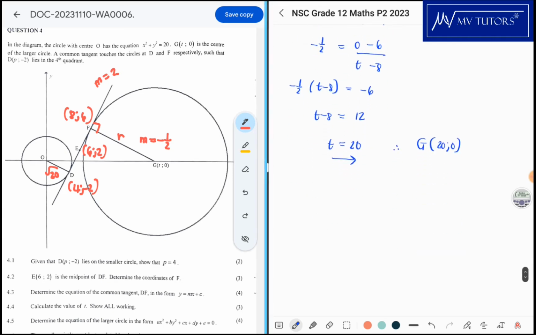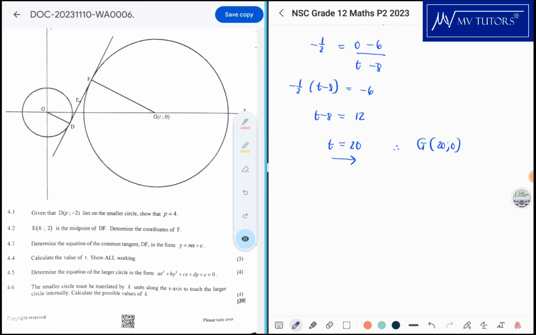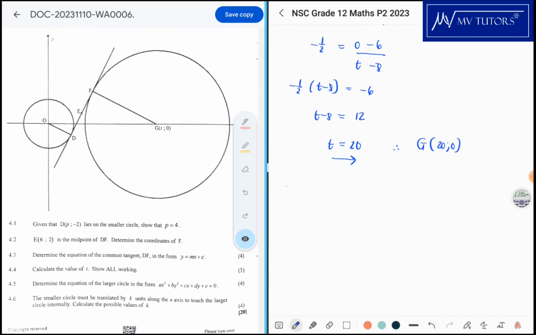And then let's see, 4.5. All right. So I thought we had the last question, but we're not. So 4.5, determine the equation of the largest circle in the form ax squared plus by squared plus cx plus dy plus e. All right, so we have our coordinates for G, which is (20, 0). So we have our center, and do we have the radius?